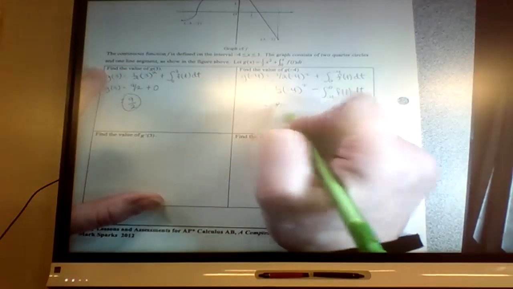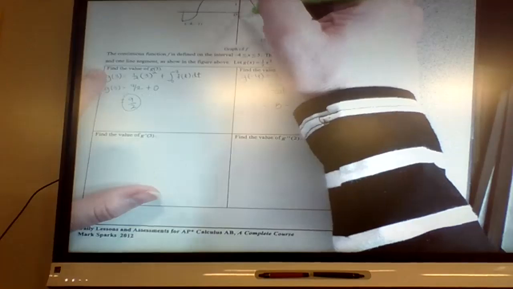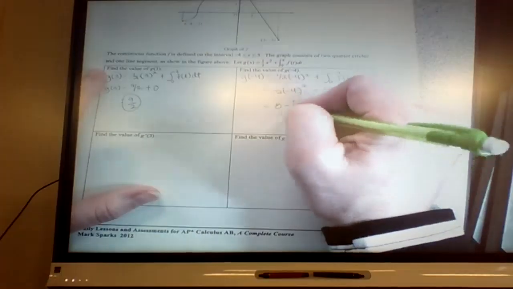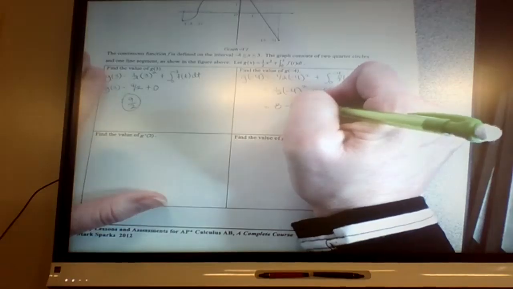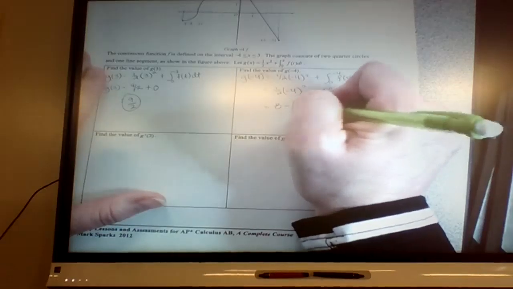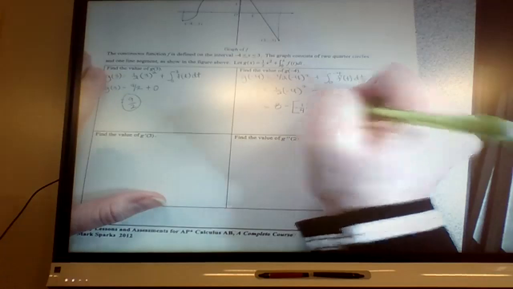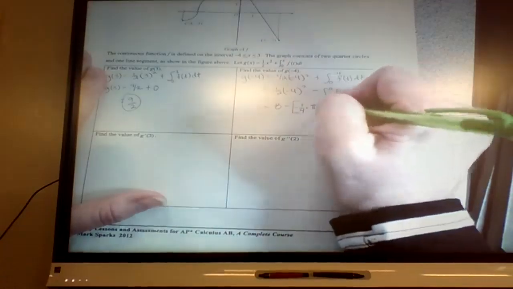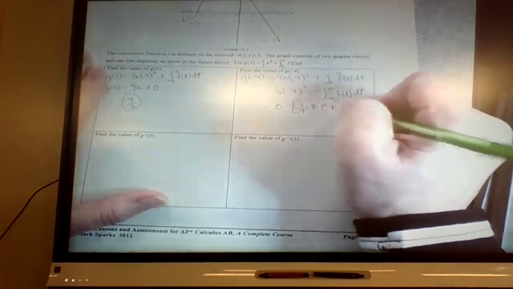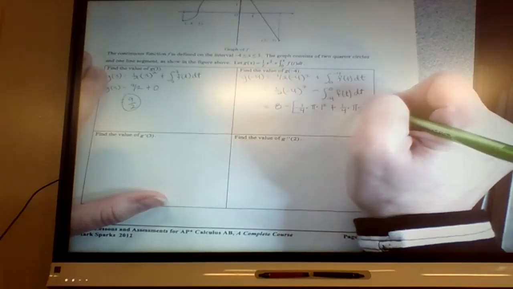All right, so what do you got? You got like, that's 8 minus, we're going from -4 to 0. That's below, and it's a quarter circle times pi times 1 squared plus 3. That's a quarter circle times pi times 3 squared.